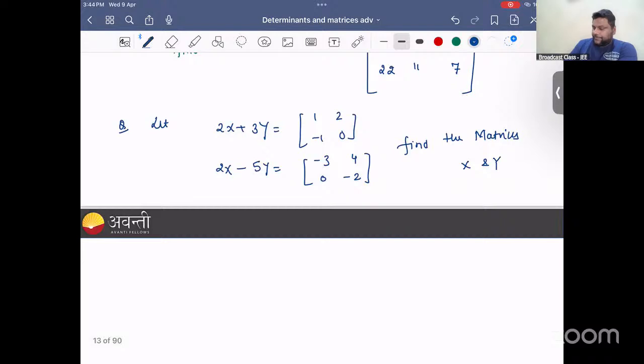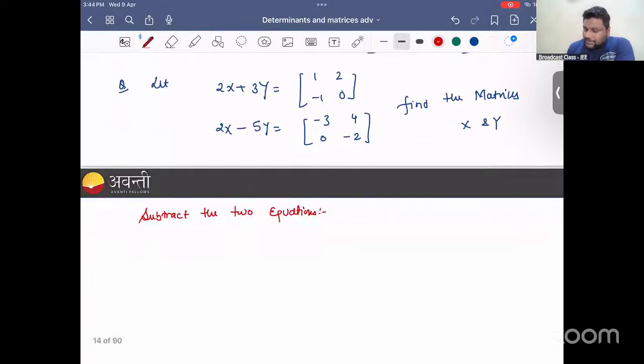See, to get y, you can directly subtract these two matrices. Subtract the two equations. If you subtract them, 2x will cancel out, but you get 3y plus 5y.